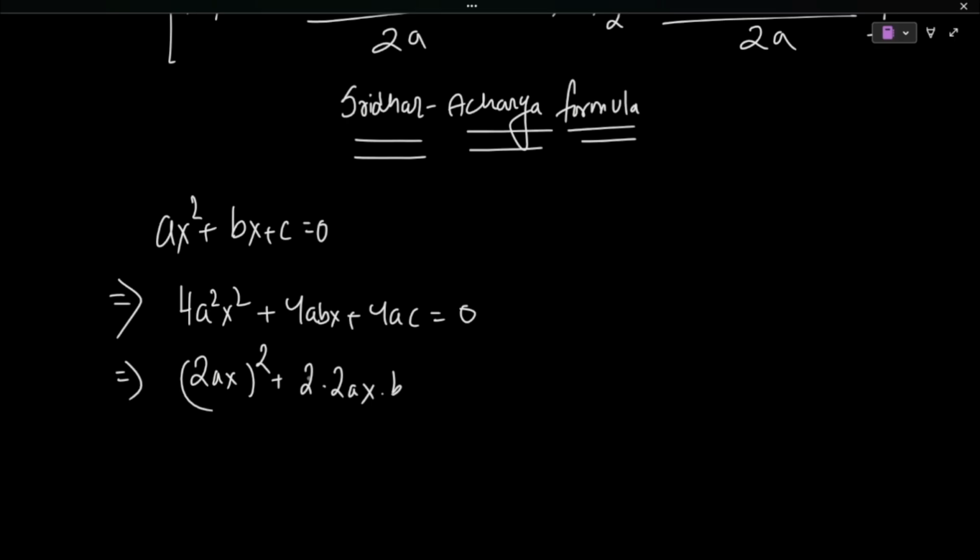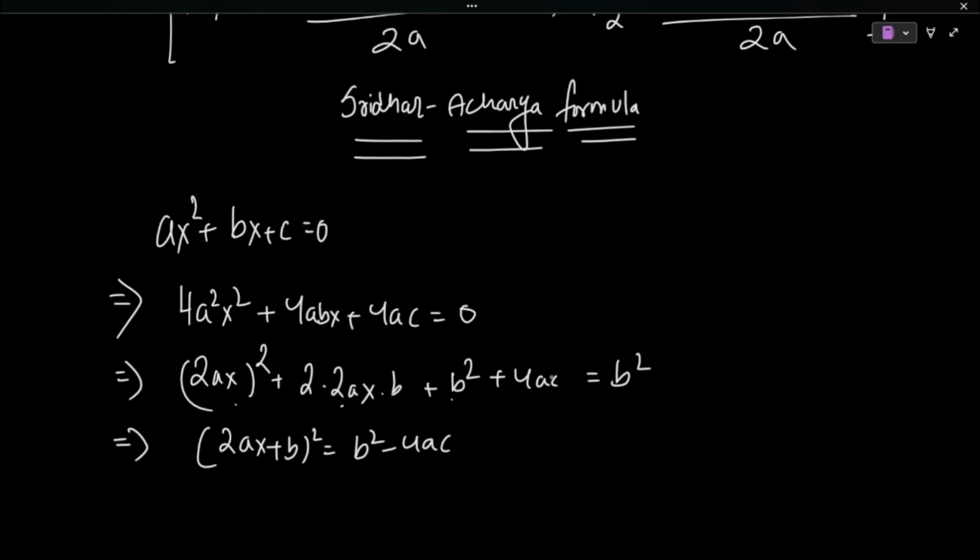You can see this is a square form, and what we need is an extra b square on both sides. So we simply add an extra b square, and therefore the first three terms become 2ax plus b whole squared, and this becomes b squared minus 4ac, right? We just take 4ac to the other side.